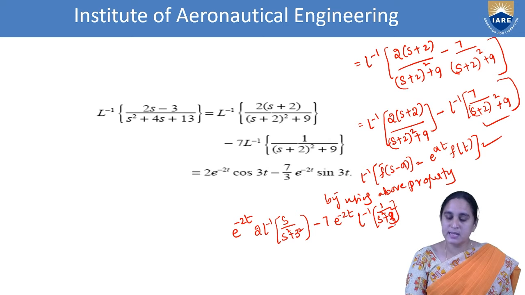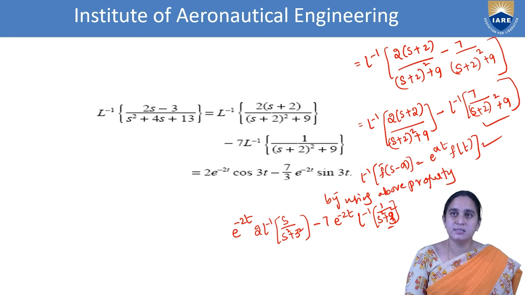Here a is 3, but that 3 is missing in the numerator. That's why I'll multiply and divide by 3. After that it will be converted into the form Laplace inverse of a by (s square plus a square).